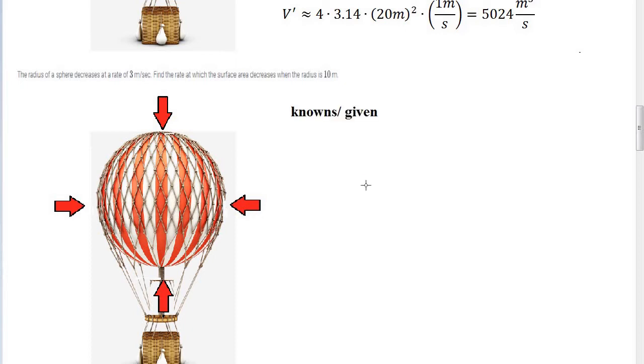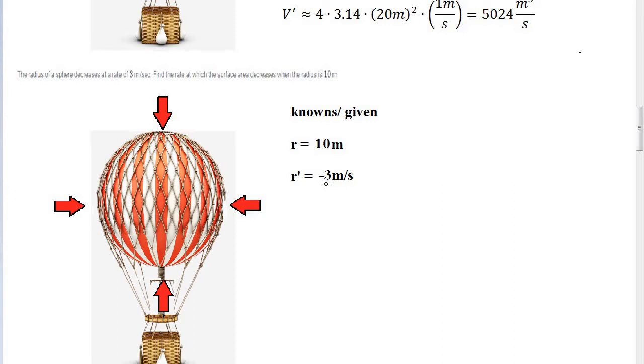So as before, let's make ourselves a list of stuff that we already know and stuff that we have yet to figure out. What do we know? We know the fact that at some point the radius is going to reach the value of 10 meters. Check. This is the radius of our interest. We also know that the balloon is shrinking. Therefore, the rate of change of its radius must be negative. Remember that.